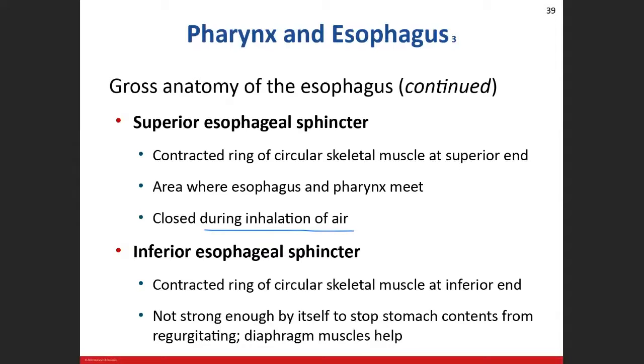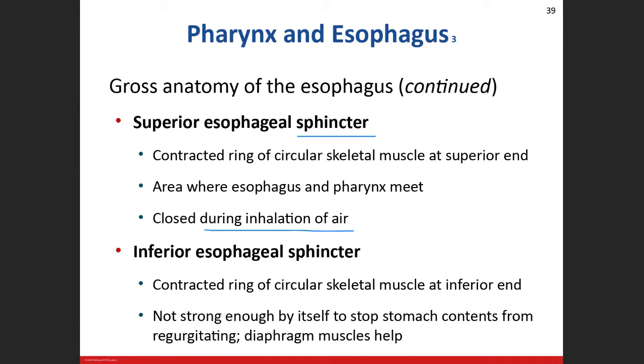You can't help but swallow some, because when you're breathing in, your digestive center in your brain prevents air from entering into the stomach. But what also helps to prevent air from entering into the stomach are these two sphincters here. The inferior one is just going to be at the inferior portion of the esophagus.